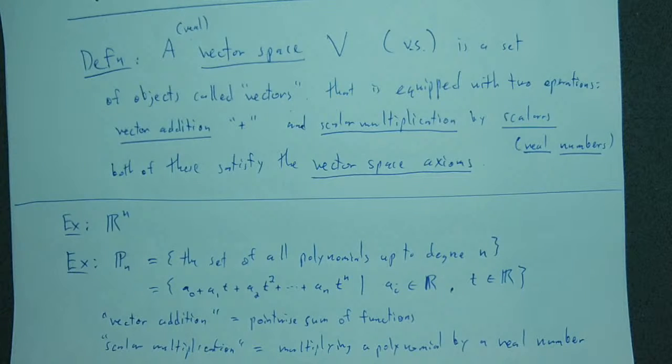But the idea here is that it allows us to apply the same sort of things that we were going to talk about for Rn to a setting that, just by looking at it, it doesn't look like it would apply to, but it does.